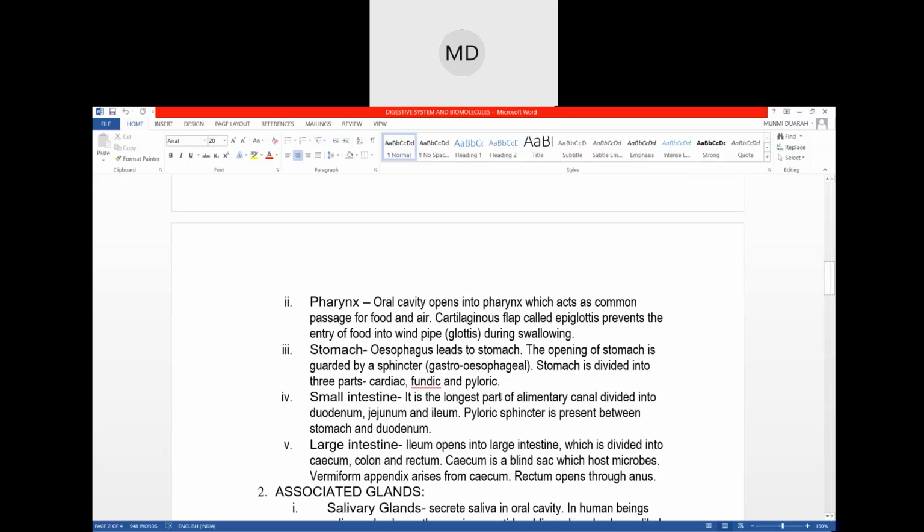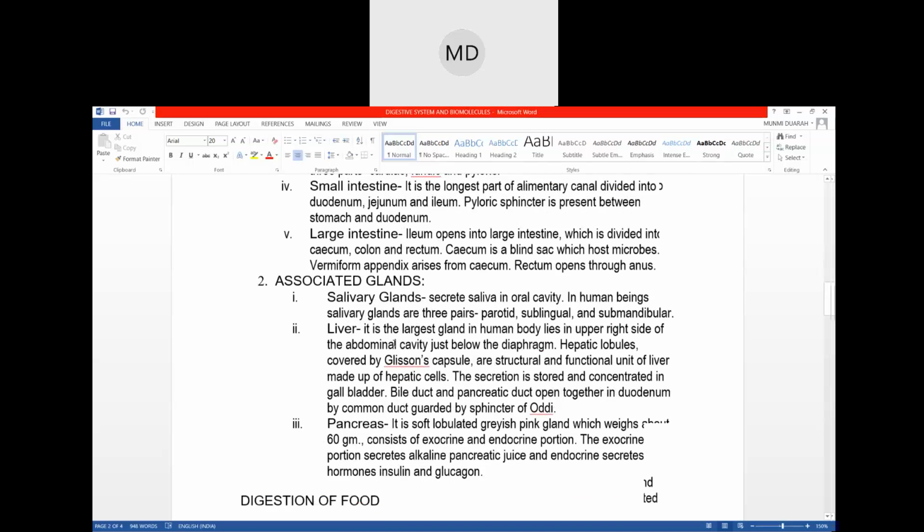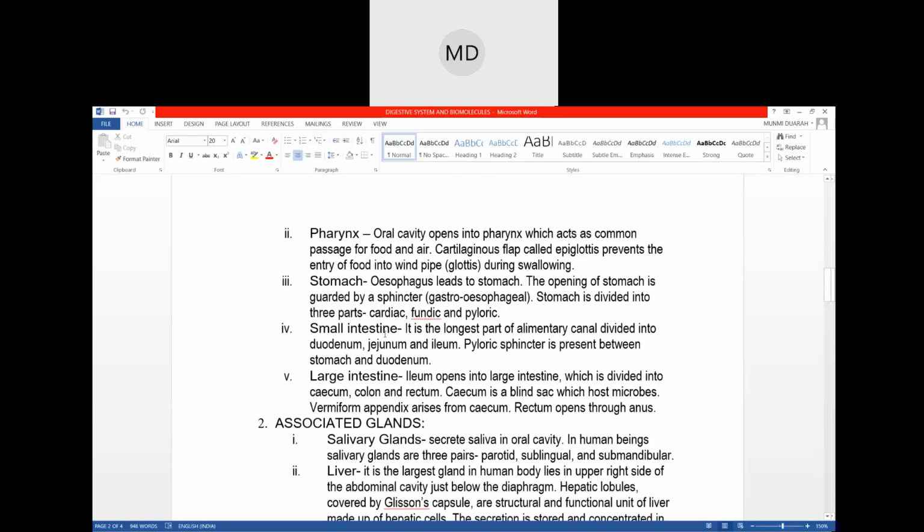Then you have to write cardiac, fundic and pyloric. We will discuss the digestion of food in the stomach later. For now, we will just discuss the structures of the alimentary canal.